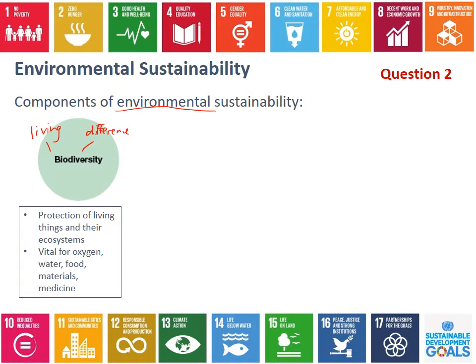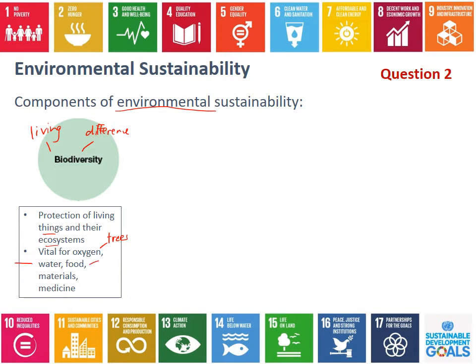So to maintain biodiversity, we need to protect living things and their ecosystems, so the areas that they live in. This is absolutely crucial for a lot of things. Obviously, we need living things, especially trees and plants, to provide oxygen. We need living things to promote healthy water systems.